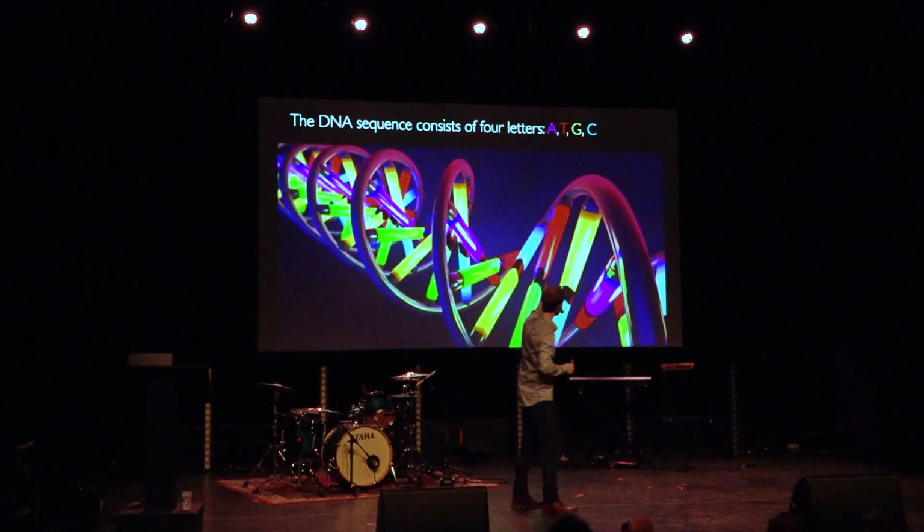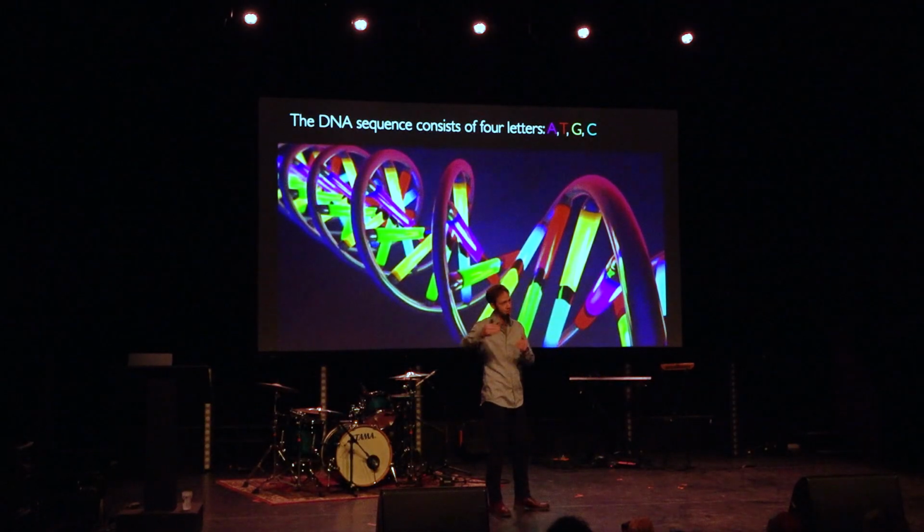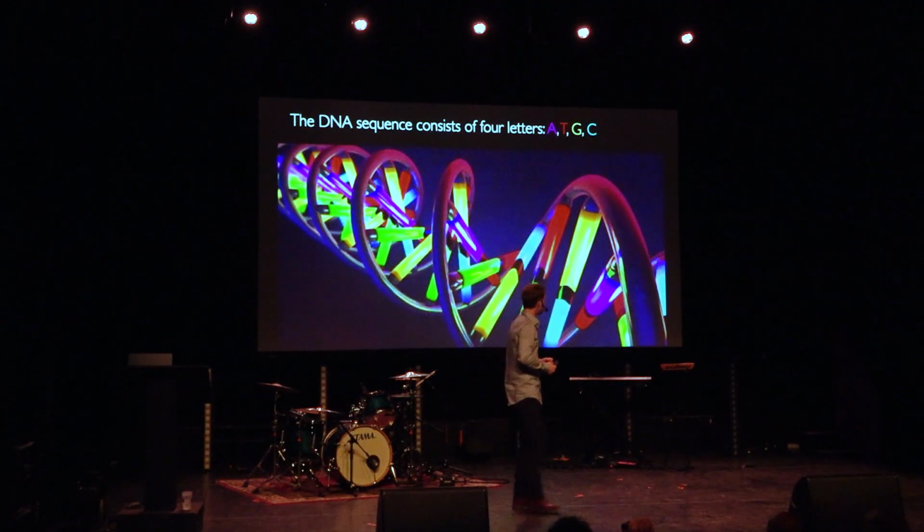It's got the letters A, T, G, and C that are repeated one after another. The reason that it's a zipper and you can open it up and close it up and they can find each other is because these letters combine with each other in a certain way. A will connect to T, G will connect to C. So if you open it up, you can copy the DNA because they can match each other and you can get a new strand of DNA.